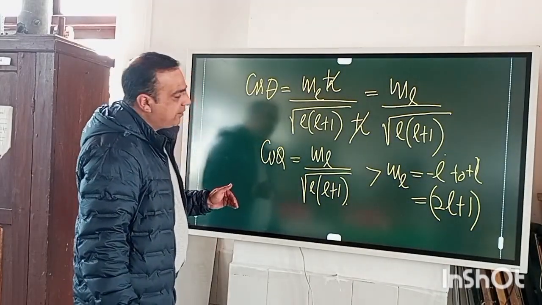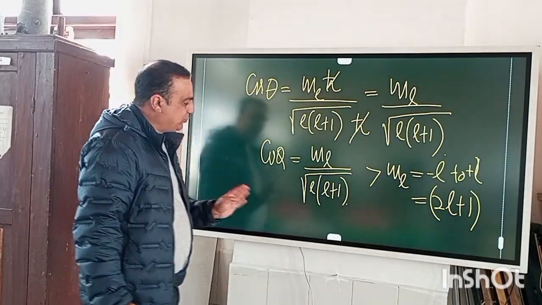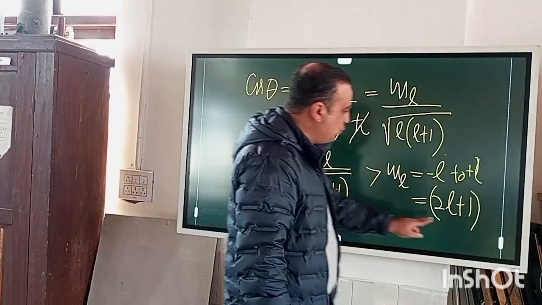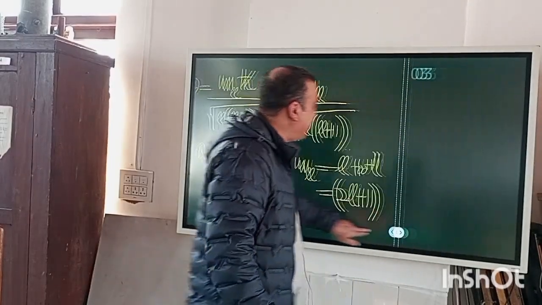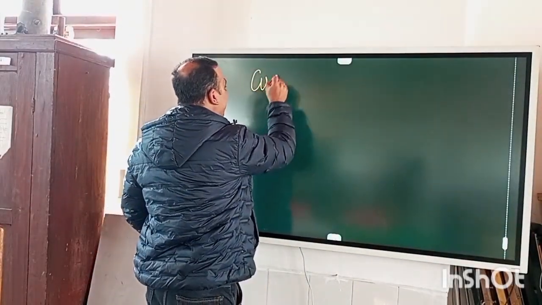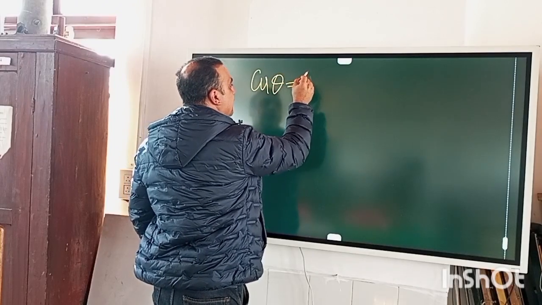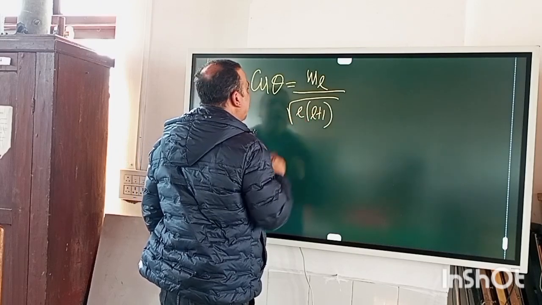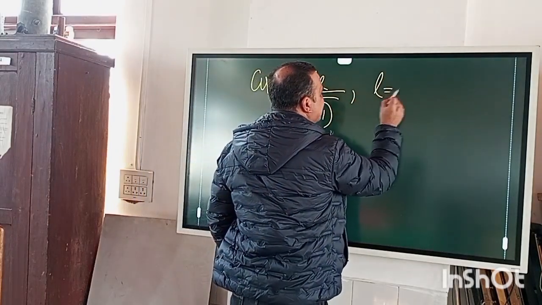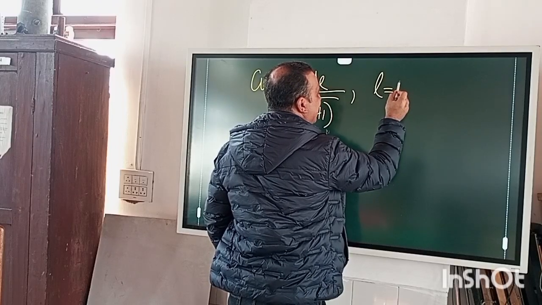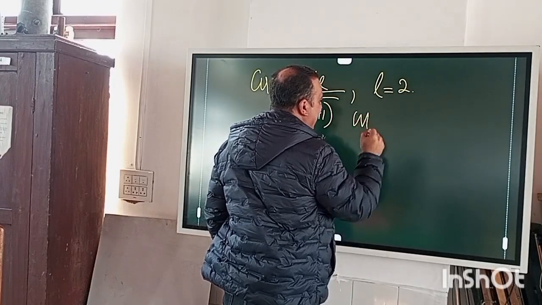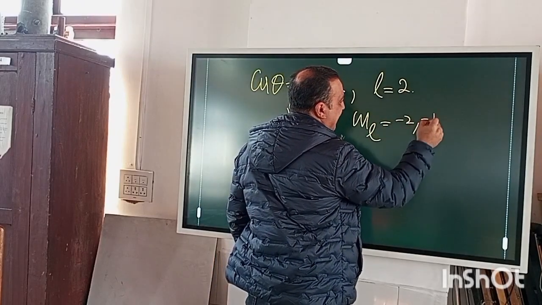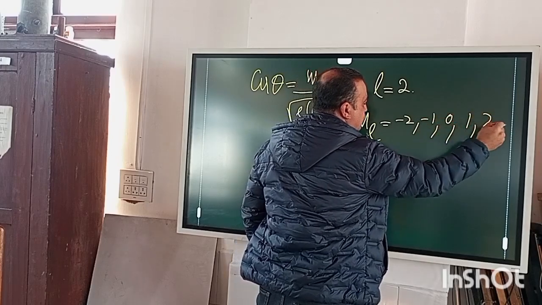And if we choose an example here to understand this equation in numerical sense, cosine of theta equals m_l by the square root of l times l plus 1. Now, if I choose l equal to 2, m_l will be minus 2, minus 1, 0, 1 and 2.